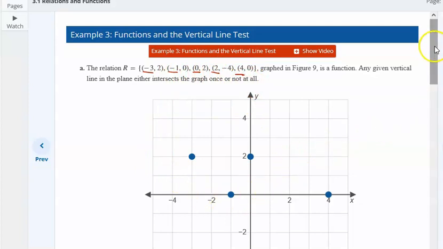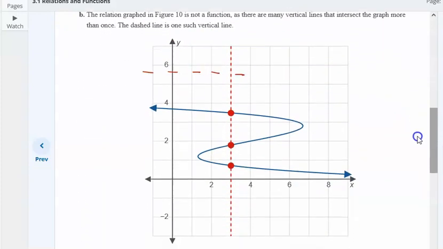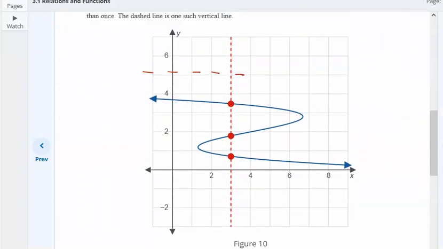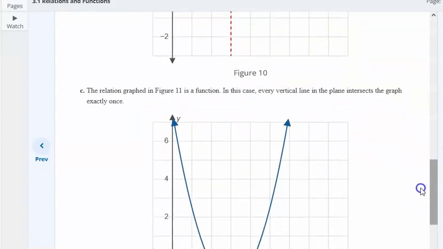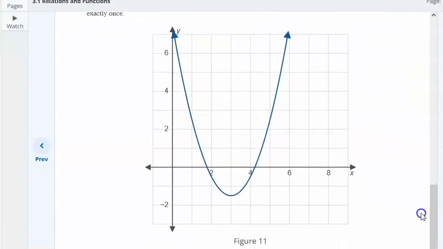All right, let's go down. Now as we look at this one, just looking at the graph, does it pass a vertical line test? No, this is not a function. And we did say a parabola was when it opens upward or downward. If it opens up sidewards, it's not a function.